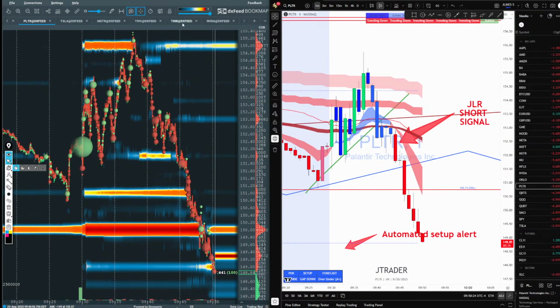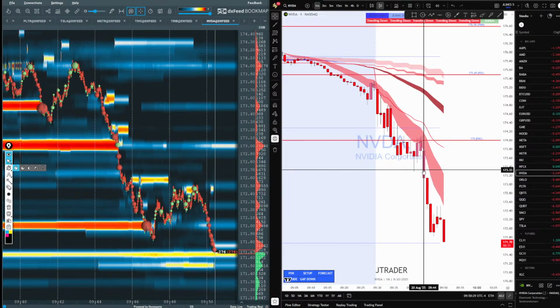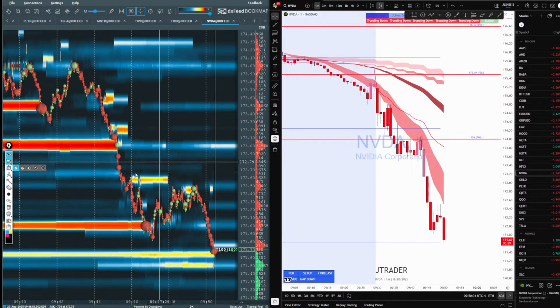Wow, look over here. NVIDIA 171. So NVIDIA is, well, who took it with us is a killer.